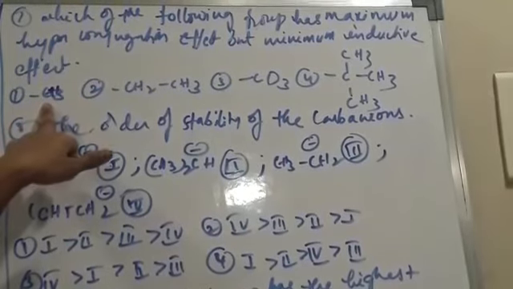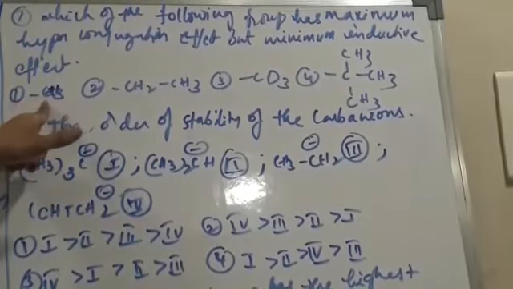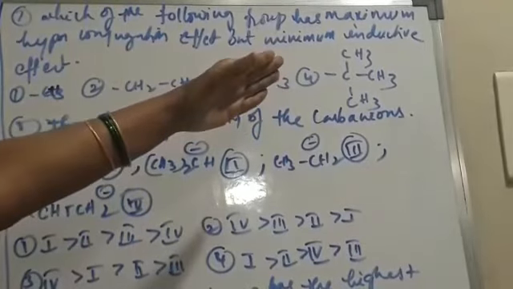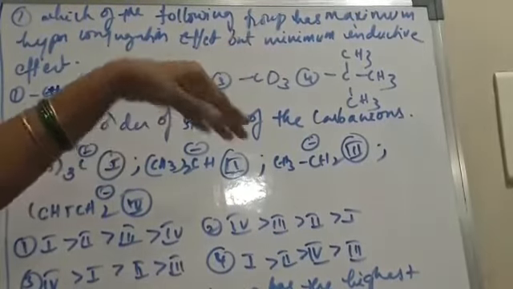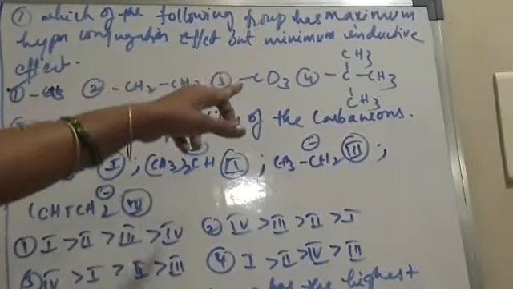Generally maximum inductive effect is for the tertiary alkyl group. If we take a tertiary carbocation, it shows maximum hyperconjugation and maximum inductive effect also. So that's why we can take the option CH3. So methyl. This is also primary, and primary but having heavy hydrogen there.